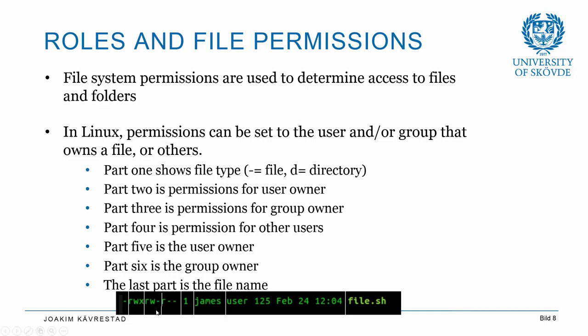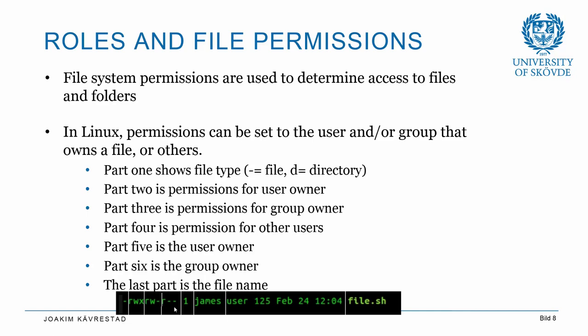And the third part, this part here, is the permissions for the group owner, the group that owns this file. And in this case, it's read and write, so the group owner has read and write access. Finally, in the fourth part here, we have the permissions that are for everyone else.